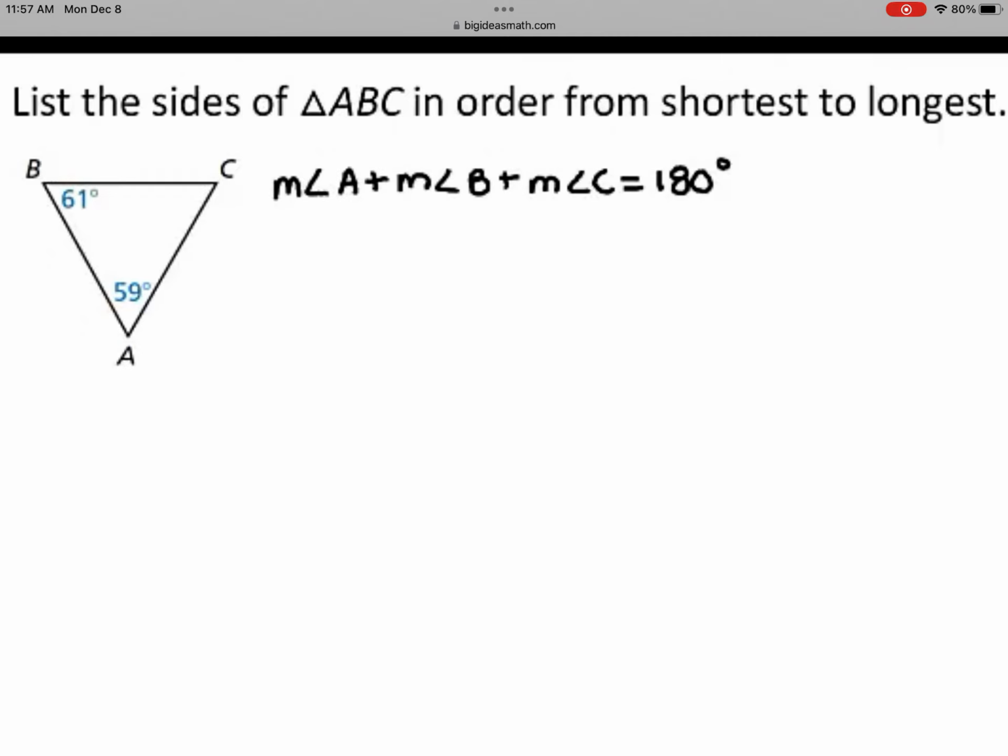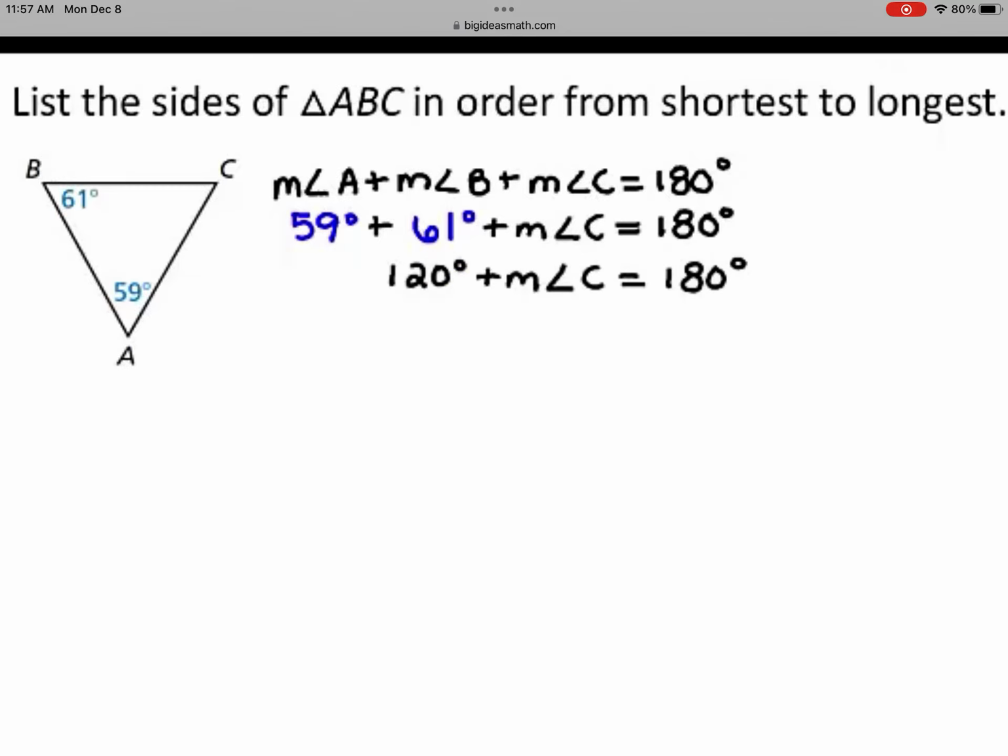From the given diagram, you know that the measure of angle A is 59 degrees and the measure of angle B is 61 degrees. So you can substitute these values into the equation. Now, to solve for the measure of angle C, you can first combine like terms on the left-hand side of the equation. 59 degrees plus 61 degrees gives you 120 degrees.